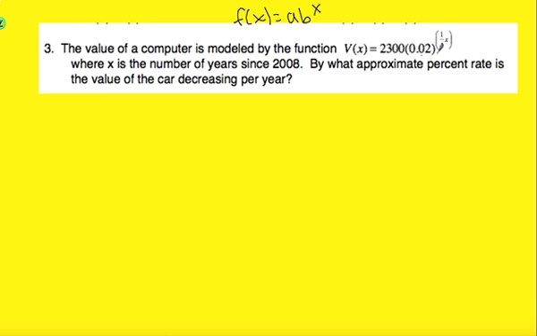But when I look at this function, I see that my b, 0.02, is being raised to the 1/4 x power. So these two don't exactly look quite the same. The problem is I need to deal with this 0.02 to the 1/4 before I can do anything else.